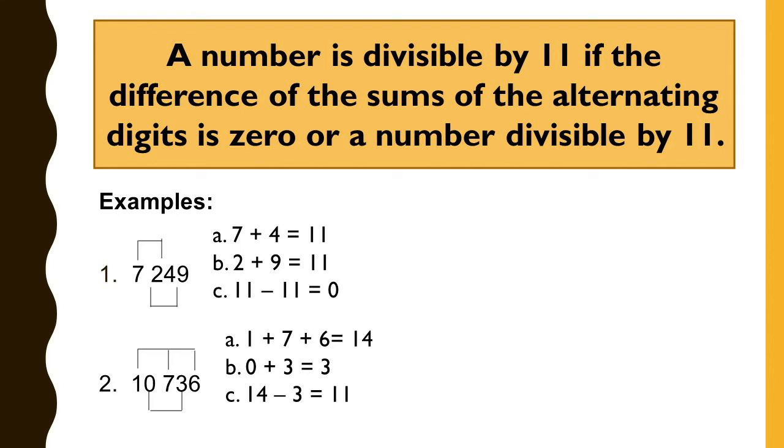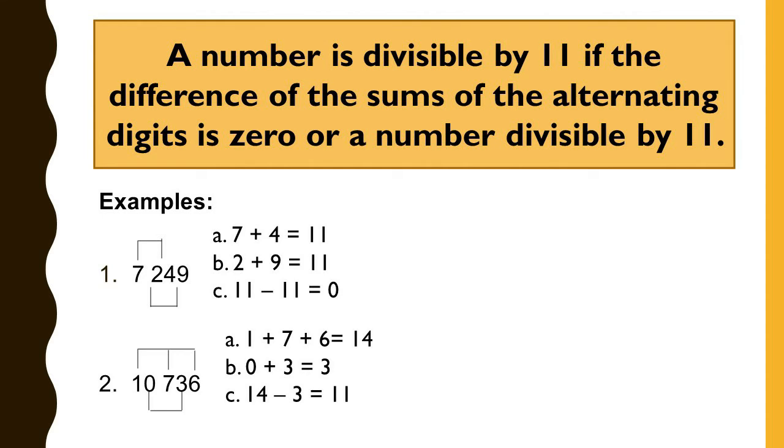Then subtract these sums. 11 minus 11 is equal to 0. Since the difference of the sums of the alternating digits is 0, then 7,249 is divisible by 11.